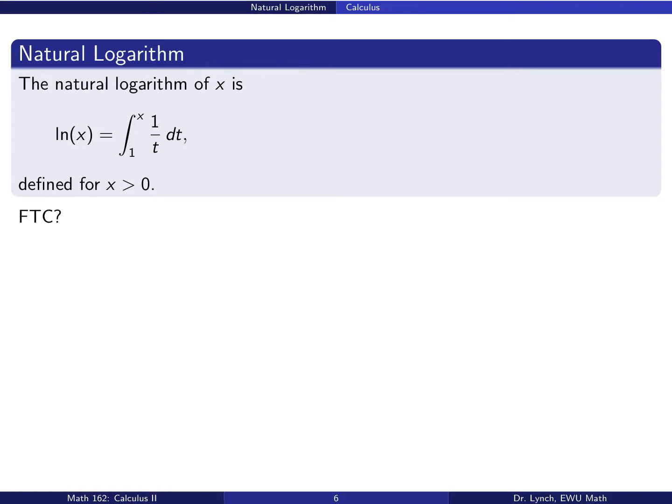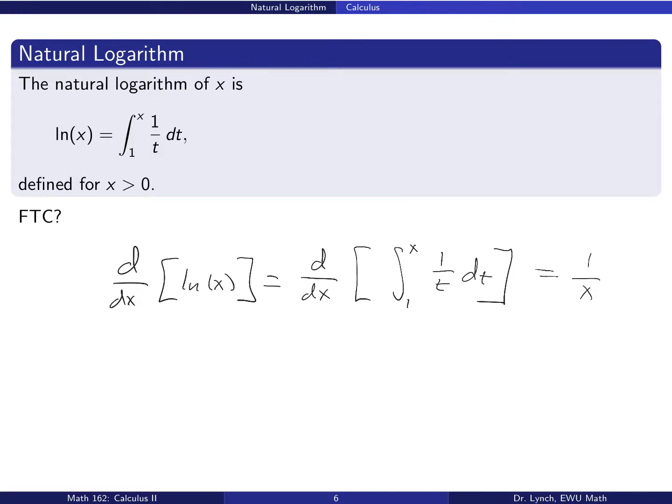Therefore, we should be able to use the fundamental theorem of calculus to look at the derivative of the natural log of x. So here's that derivative. The derivative of the natural log of x is 1 over x. And now we can see the answer to our original question regarding the power rule with n equals minus 1. It's the derivative of the natural log of x who has power minus 1.